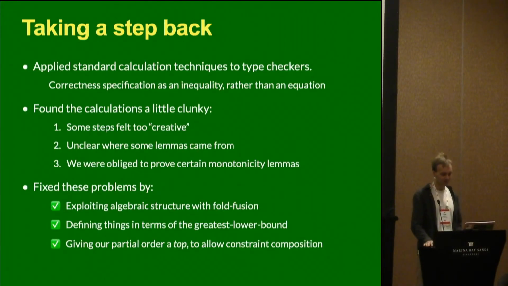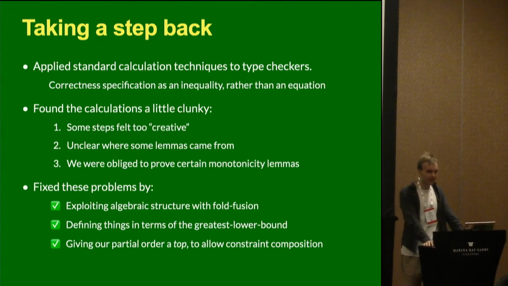We've got a few minutes. Yeah, so just to take a step back and have a look at what we've done. We've taken these fairly standard compiler calculation techniques, and we've applied them to this new setting, which is type checkers. So we can compute a type checker from an untyped language and its semantics.